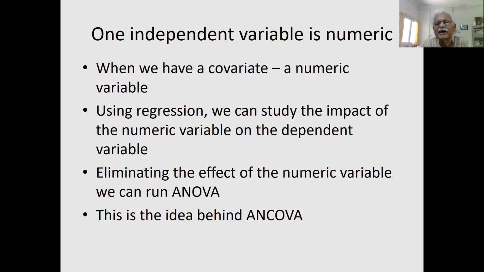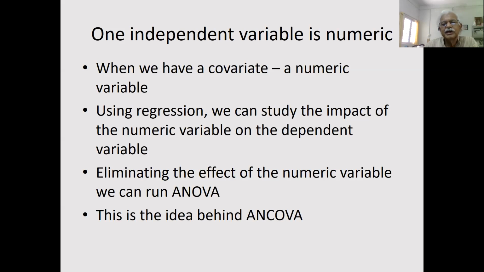And there is a third variable which you want to include directly into your analysis, and that is age. Age is a numeric variable, but also an independent variable. In that case, you can apply ANCOVA, analysis of covariance.